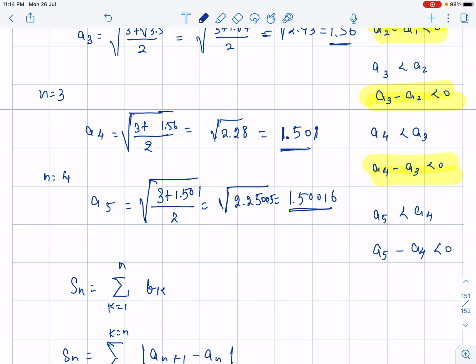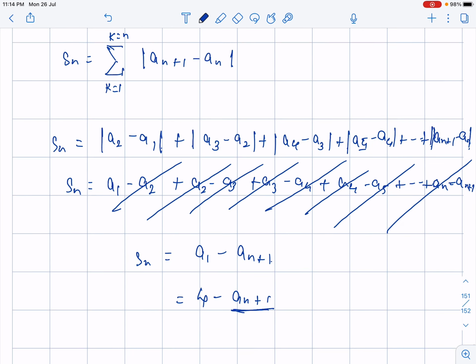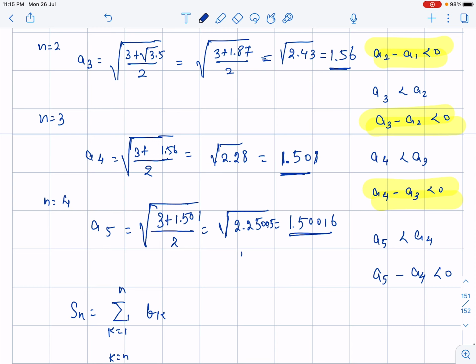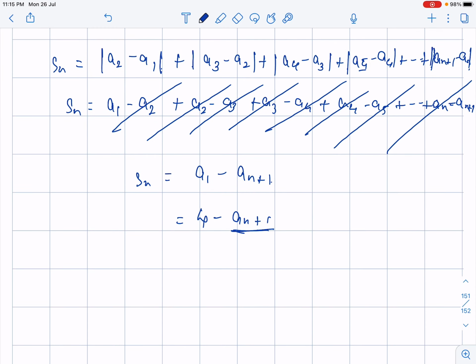You can try it. Generally, if you proceed further, you'll get a number a little greater than 1.5. That means the value of a(n+1) written over here can maximum reach up to 3 by 2.